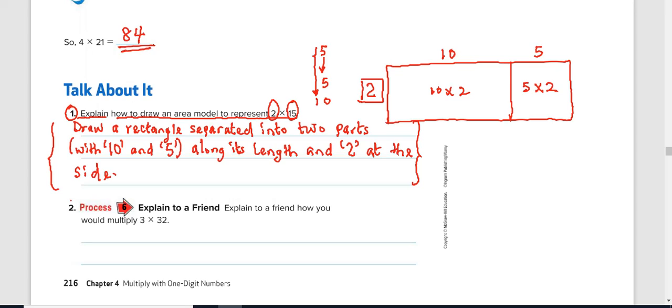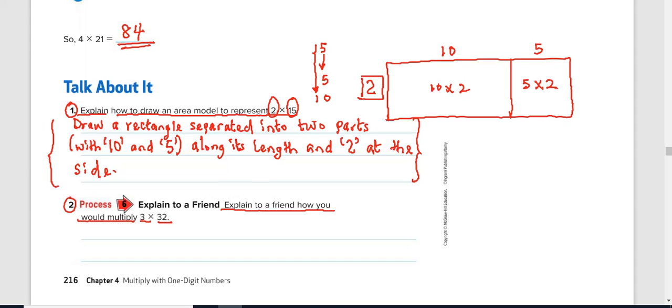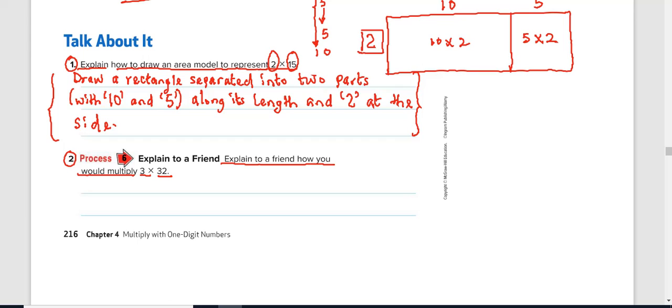Okay, so for this number 2, you are asked to explain to a friend how you would multiply 3 times 32. So if you're going to explain to a friend, you're going to say, okay, step 1, you see this 2-digit number 32, separate it into 30 and 2. Step 2, use each of these separated numbers to multiply the number 3.